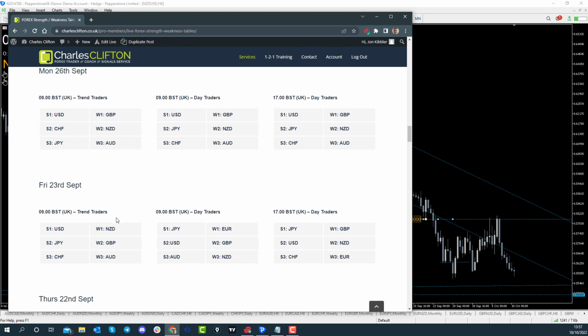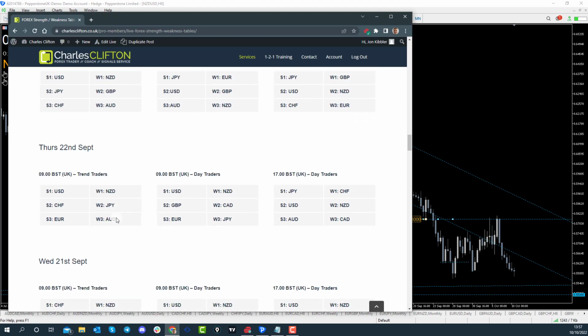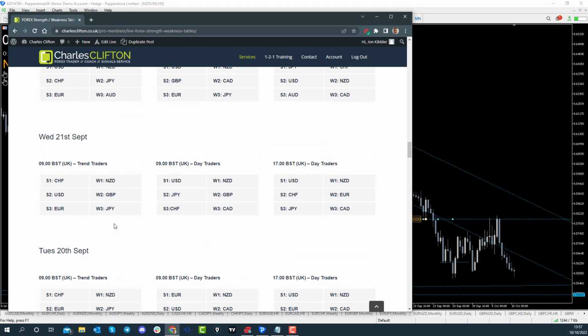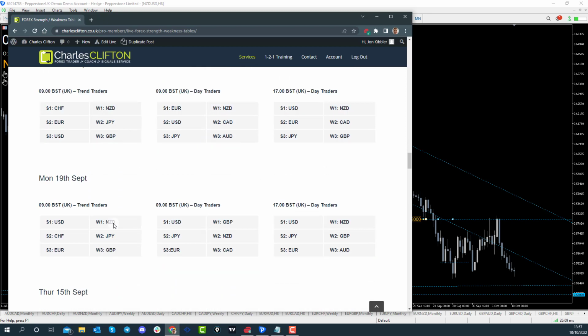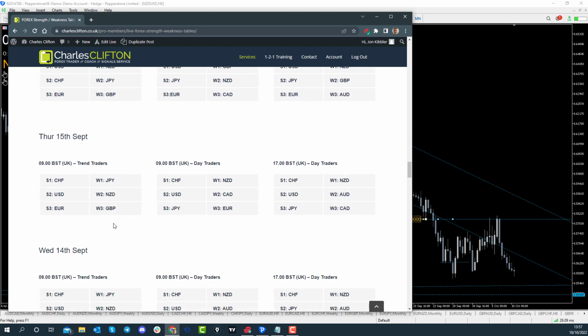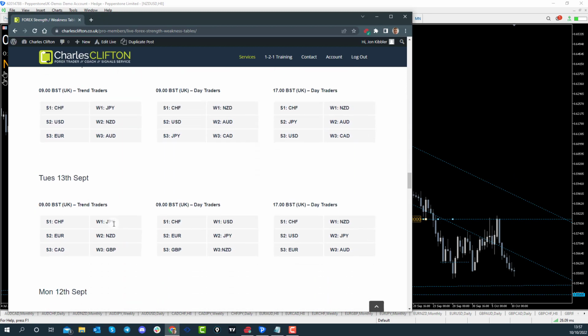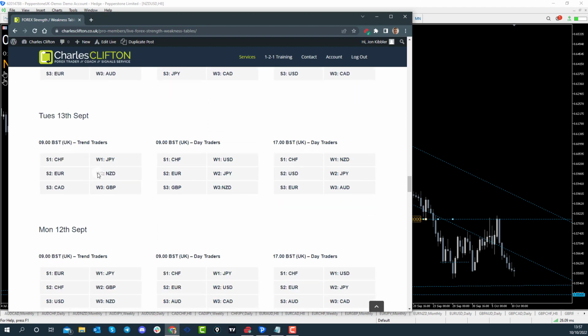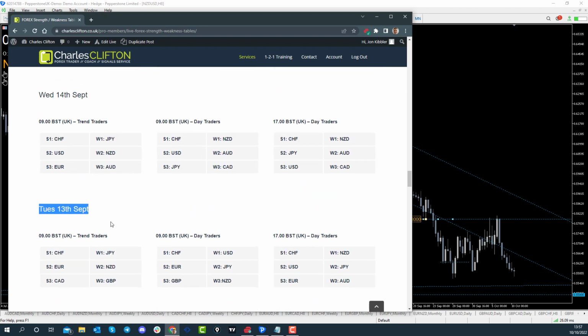You can see how long it's been on here because the dollar's been so strong. Still Kiwi dollar, still Kiwi dollar. Here, Tuesday the 13th of September, we didn't have it on the trend traders. Wednesday the 14th of September, we did.